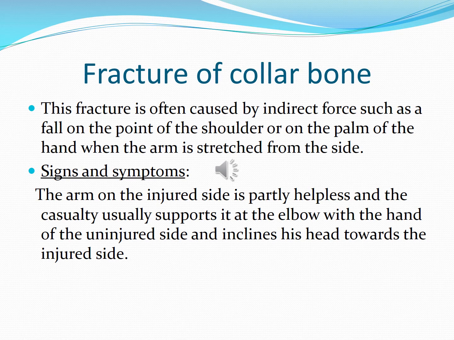Signs and symptoms: the arm on the injured side is partly helpless and the casualty usually supports it at the elbow with the hand of the uninjured side and inclines his head towards the injured side.